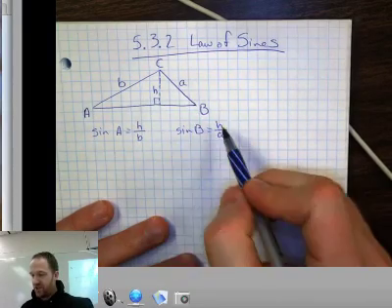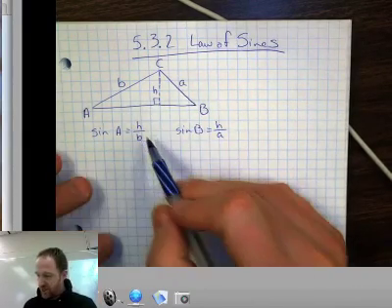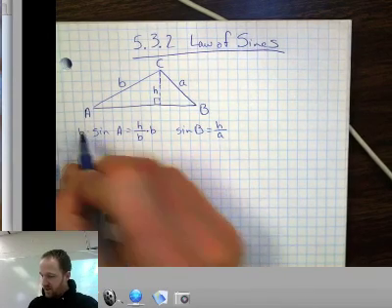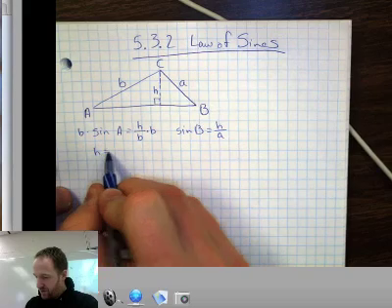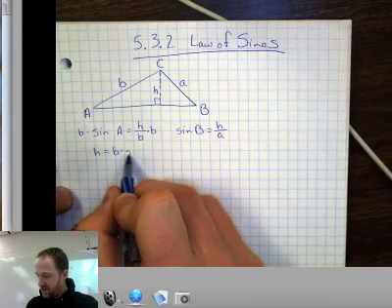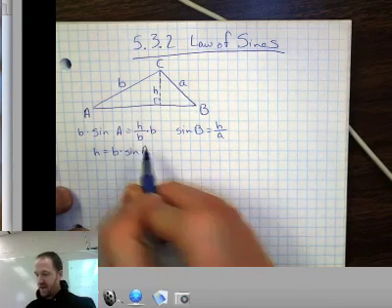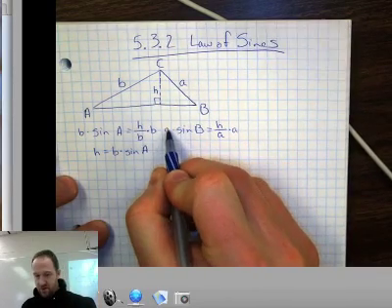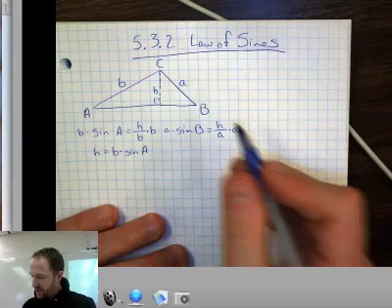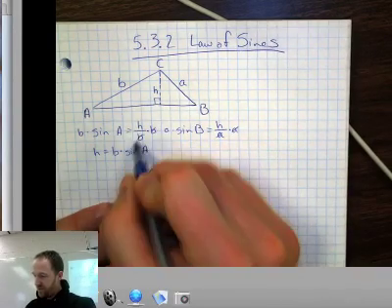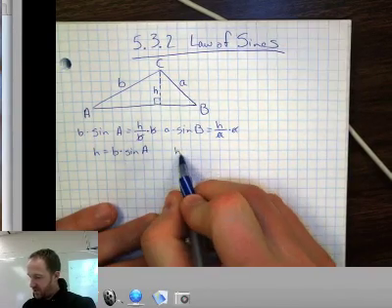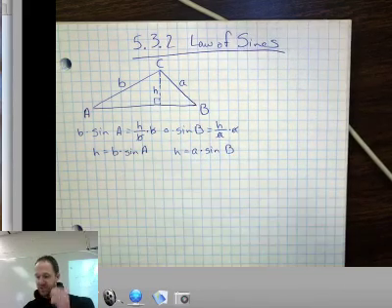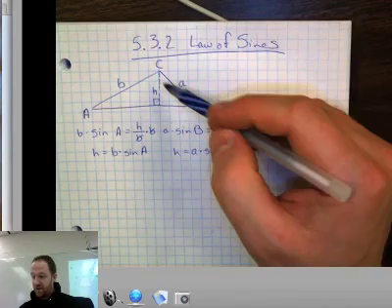Now they both have H's in these equations. Let's solve these equations for H and see what happens. So we got H equals B, little b, times the sine of angle A. And doing that over here, those A's cancel just like those B's did, and we get H equals A times the sine of B. So really that's just two different ways to find the height of this triangle.